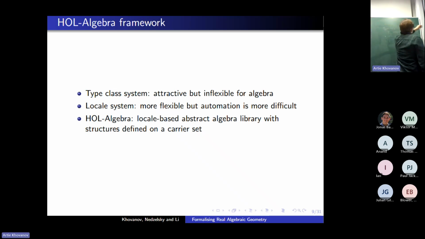But in this Isabelle/HOL algebra locale-based system with carriers, you have any type tau again, and instead of that, we have a carrier, which is of type set tau, the sets whose elements are in tau.